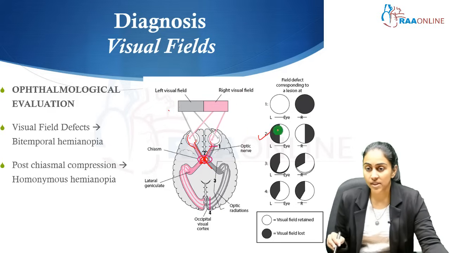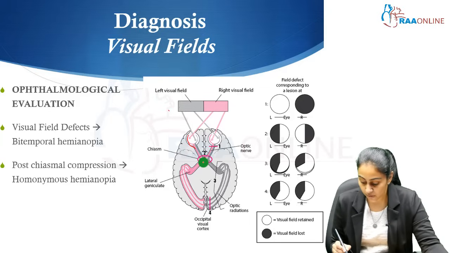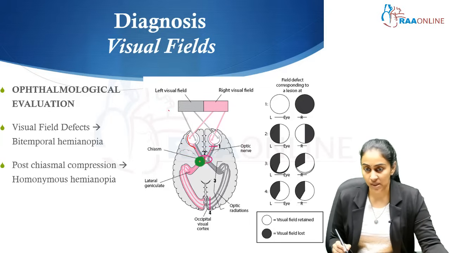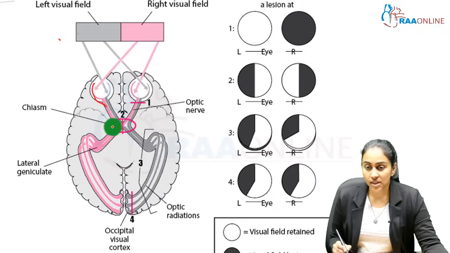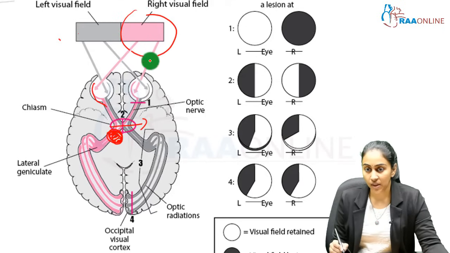Now, what happens when there is post-chiasmal compression? Post-chiasmal means beyond the chiasm. Then what happens? There is homonymous hemianopia. So, this is the chiasm. So, beyond this, if there is a compression, let's say here there is a compression, then what happens? You are able to see that the right visual field is completely knocked out for both the eyes.